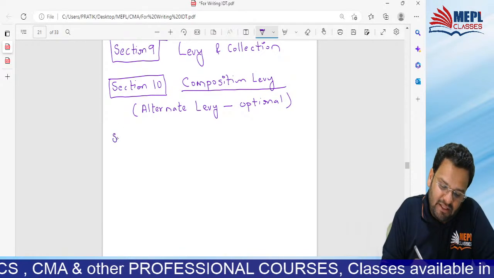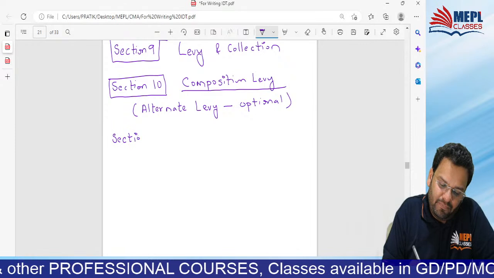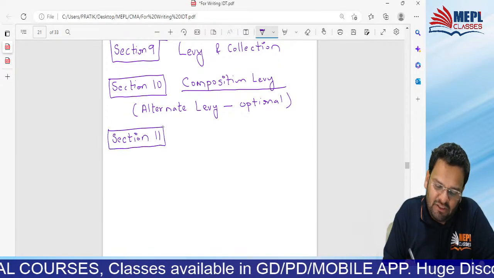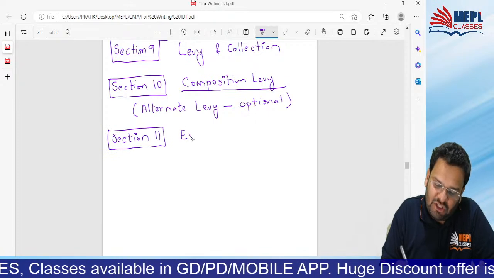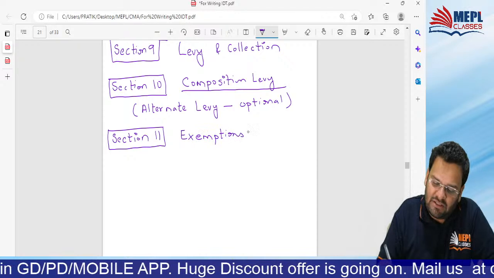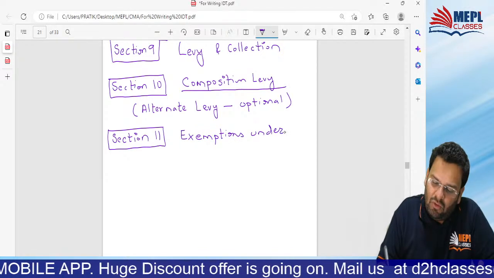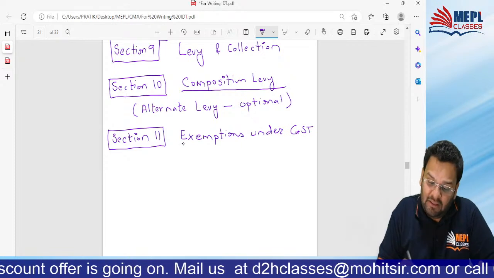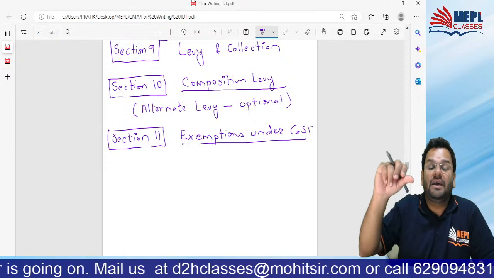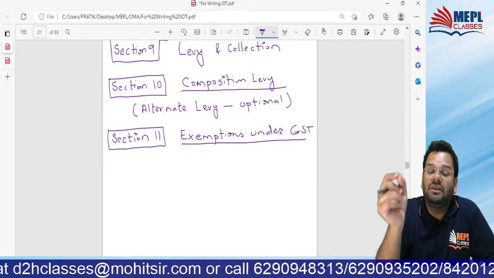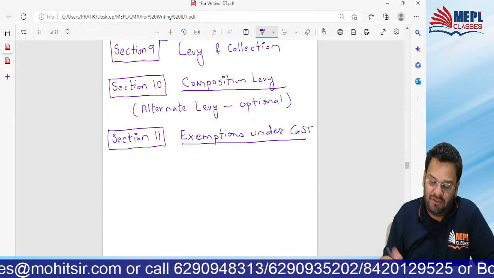Okay. Section 11. Section 11 is for exemptions under GST. No need to tell you the meaning of the word exemptions. Exemptions means, yes, for the time being, no GST on these goods or services.